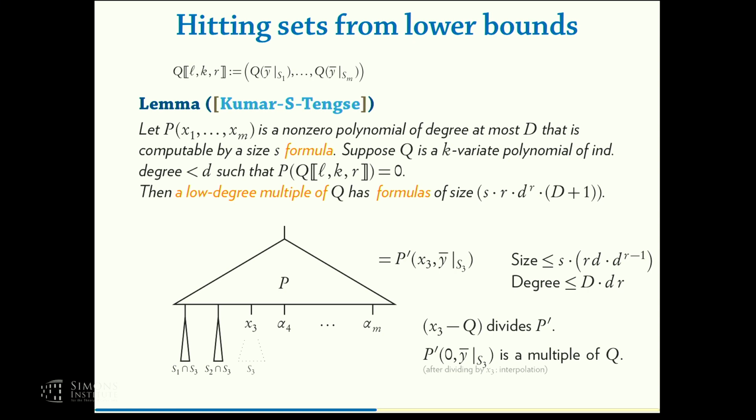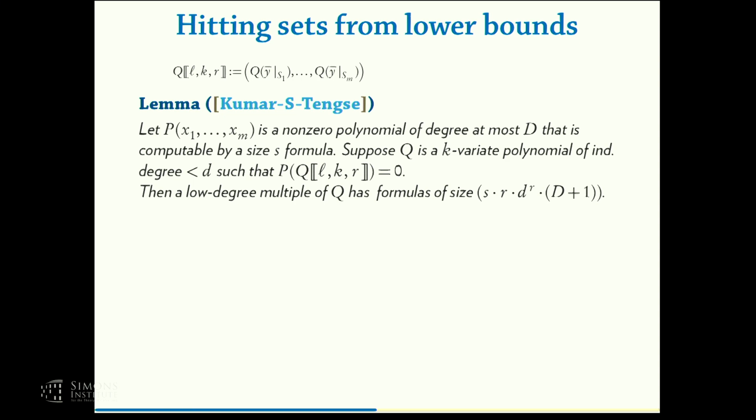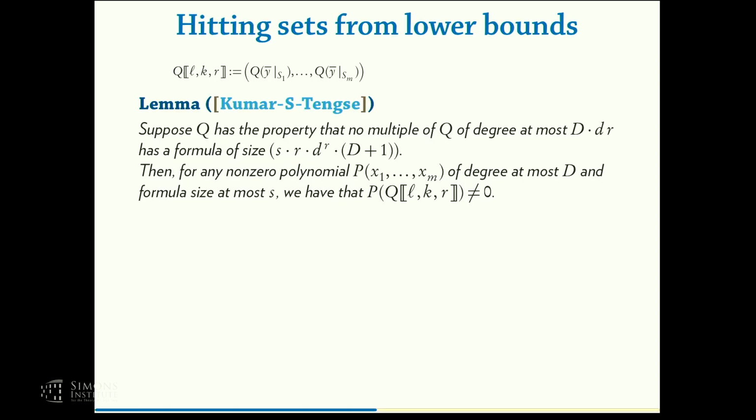And so, okay, cool. What's the contrapositive of this? This is like saying that if Q is hard in a more robust sense, that is, it's not just that Q is not computable by small formulas, but that low degree multiples of Q are also not computable by small formulas, then this gives you a way of preserving non-zeroness.